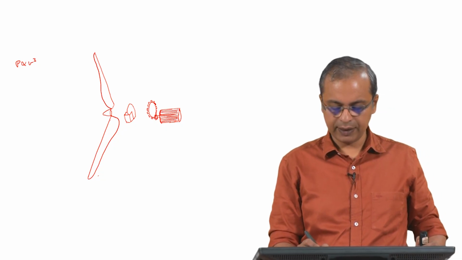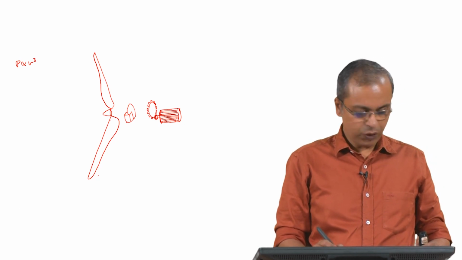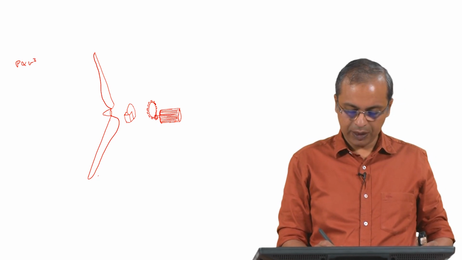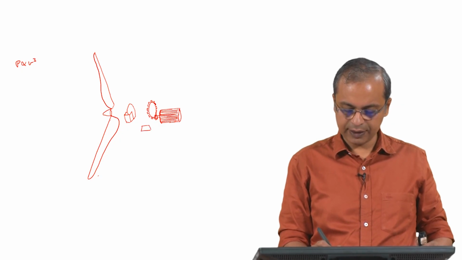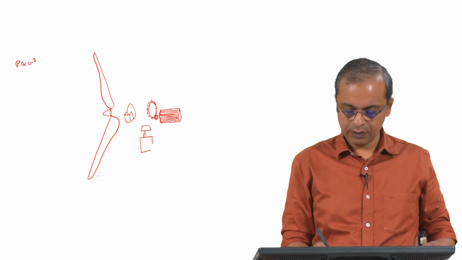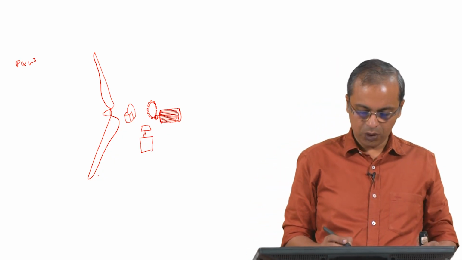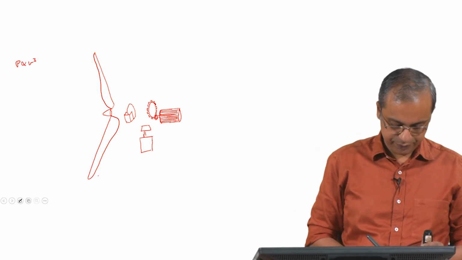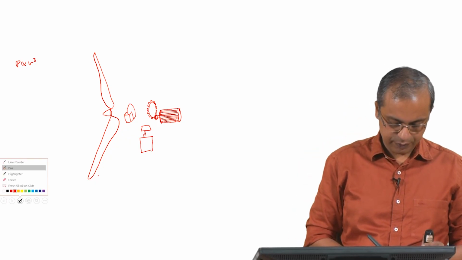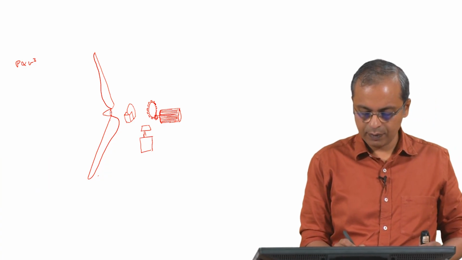So, that is our generator, and we also have a system down here of some form, which I am just drawing as a schematic, some kind of a system down here, which we will talk about in just a moment. And through all this we also have a shaft.